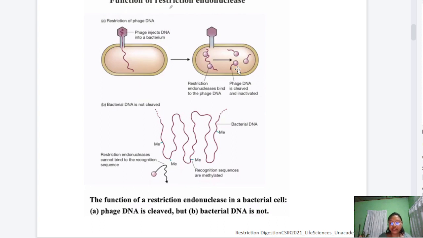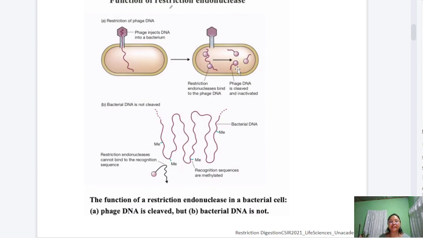Just like I told you in the previous slide, if these restriction enzymes are identifying a specific sequence in the viral genome and then cutting and fragmenting it, will they not identify the same sequence that will be present in the bacterial genome? Definitely they are going to, right? Because we know that the sequence which is just 4 to 6 base pairs is going to be similar, or will be present in a bacterial genome also.